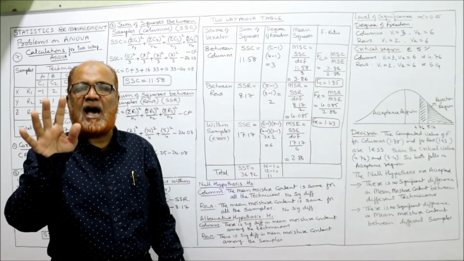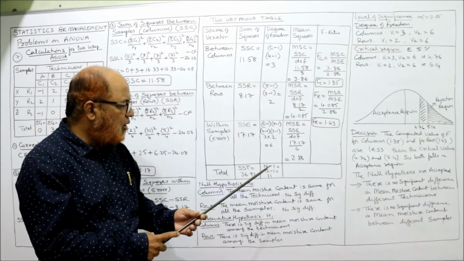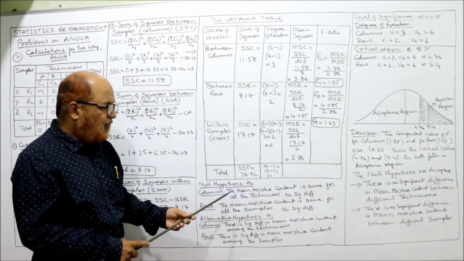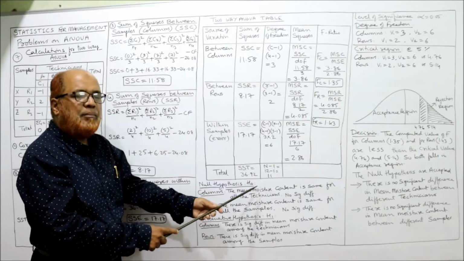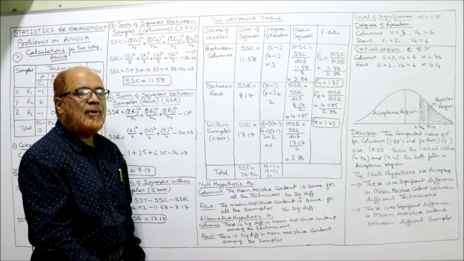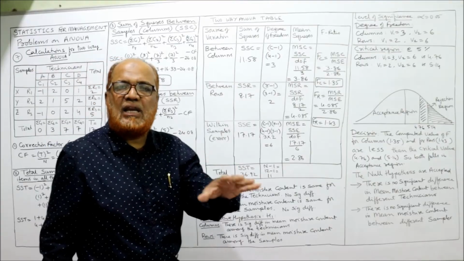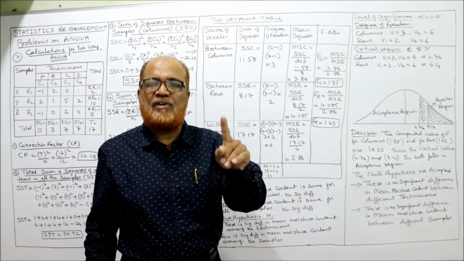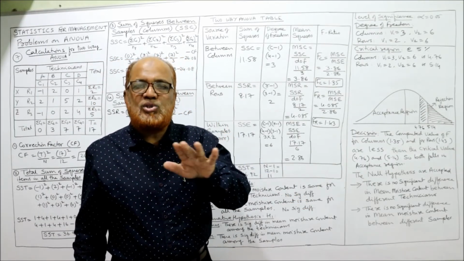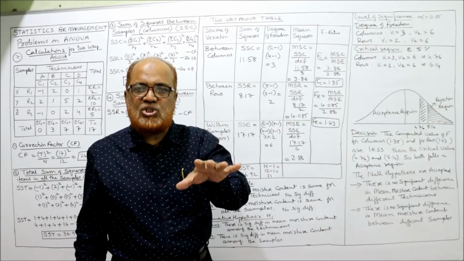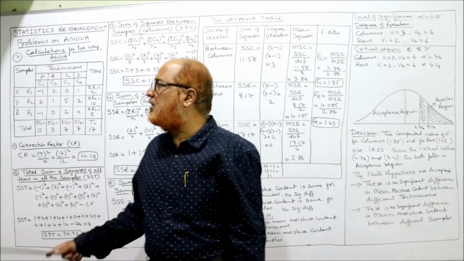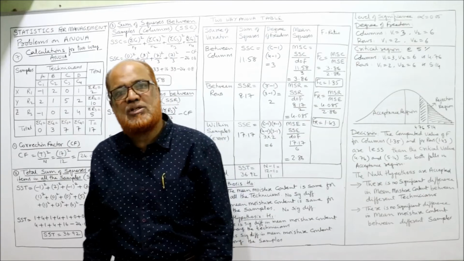The null hypothesis is accepted for columns. For columns, what is the null hypothesis? The mean moisture content is the same among all the technicians. So the first conclusion: there is no significant difference in the moisture content found by the 4 technicians.